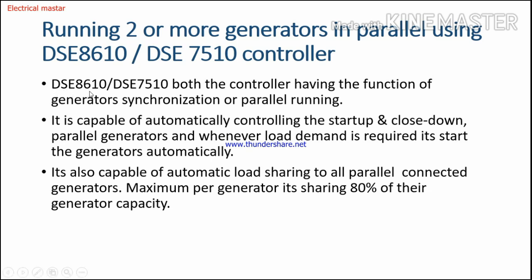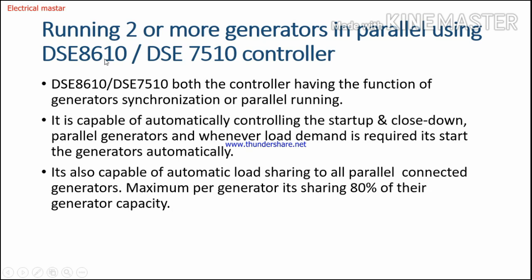I already told you DSE 8610 and 7510 both have the function of synchronization or parallel running of DGs. And second point, it is capable of automatically controlling the startup and shutdown of the parallel generators. Normally we know the DeepSea controller gives an automatic function.